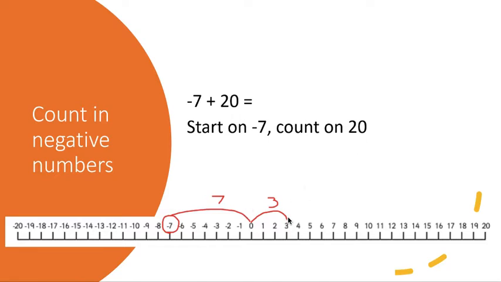So I need to count from 3 on another 10. I know 3 plus another 10 is going to get me all the way to 13. So if I count on another 10, I get to 13. I know my answer is 13. Minus 7 plus 20 is 13.